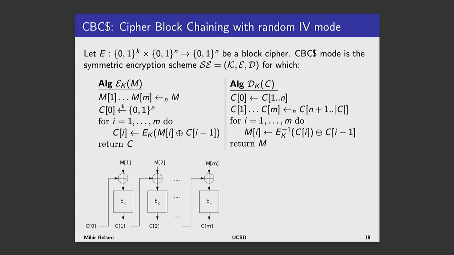So for example, when I is 1, you do EK inverse of C1, and then you add C0. So the C0 that's here is appearing here when I equals 1. The next time you take this, you get here through EK inverse, and you add this, and you get up here. So you notice that here, the EK is after the XOR, the EK inverse here is before the XOR. The XOR is outside.